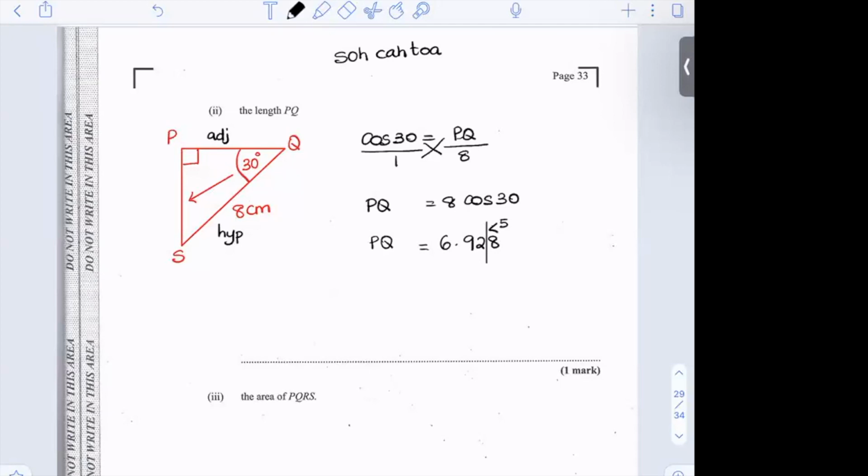This number is greater than 5, so I add 1 here. So PQ is 6.93, and write the units, please.